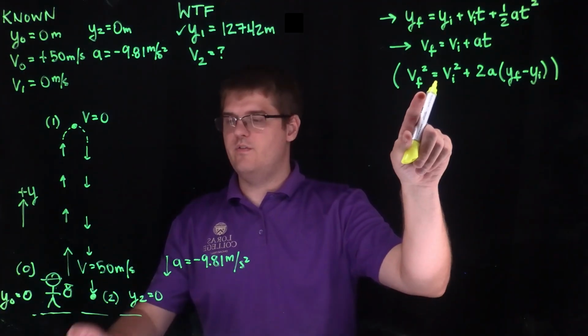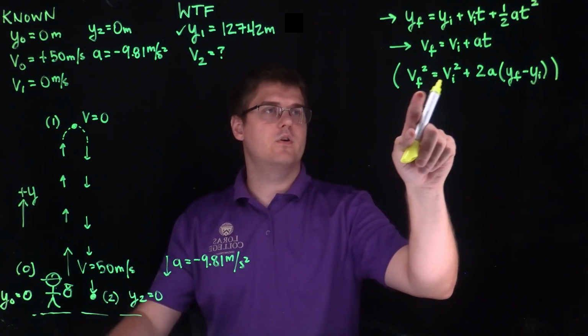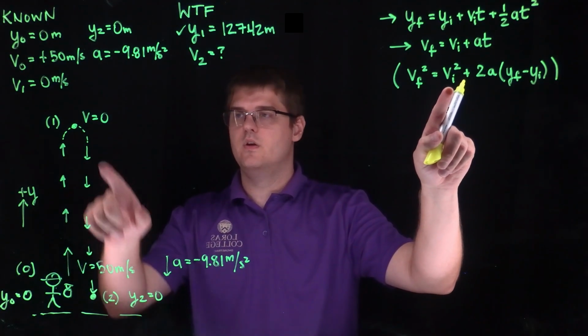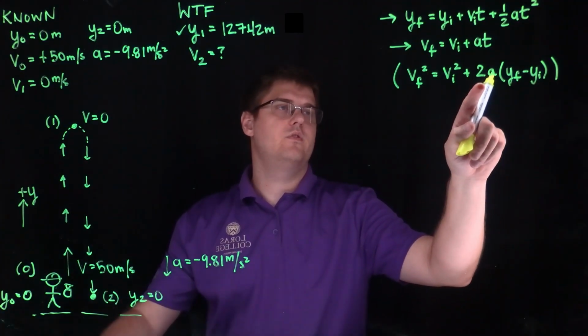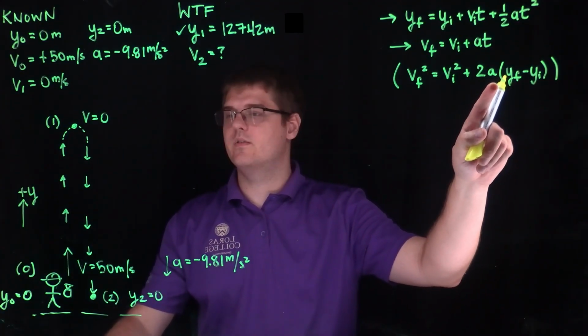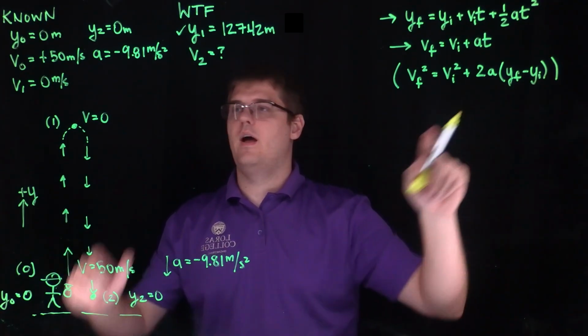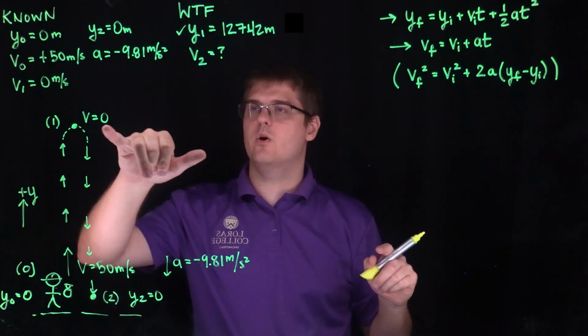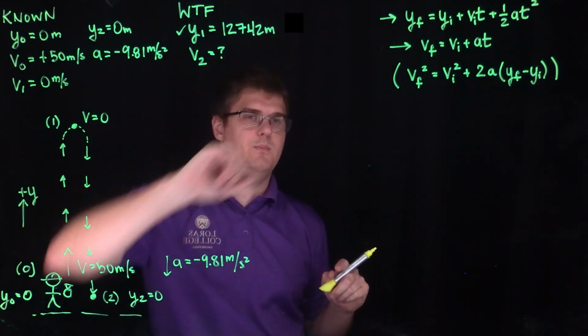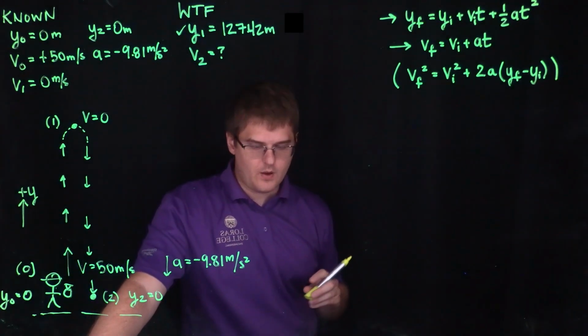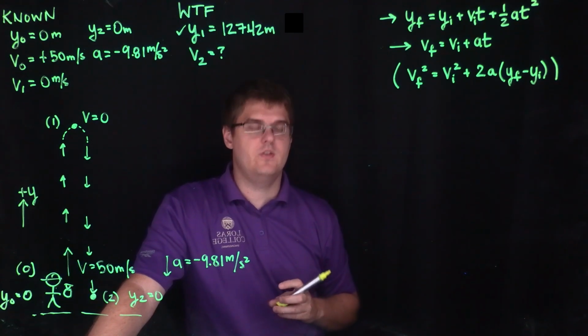Or velocity final, what I'm after, is equal to velocity initial, that's 0, plus 2 times acceleration, which I know, times y final minus y initial. I know y final is 0, and y initial is this piece I just solved for right there. So I can jump straight to it with this piece.